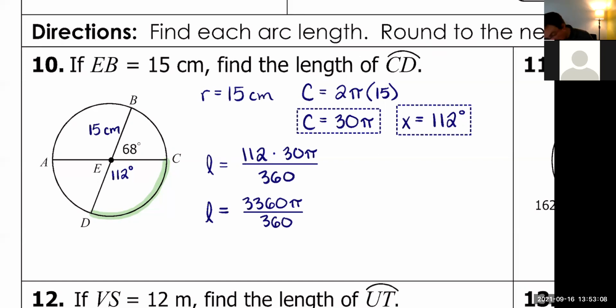And at that point, we're going to have to round because there's a pi in there. In my calculator, I would enter exactly that. I would do 3,360 times pi divided by 360, which is going to give me 29.32.